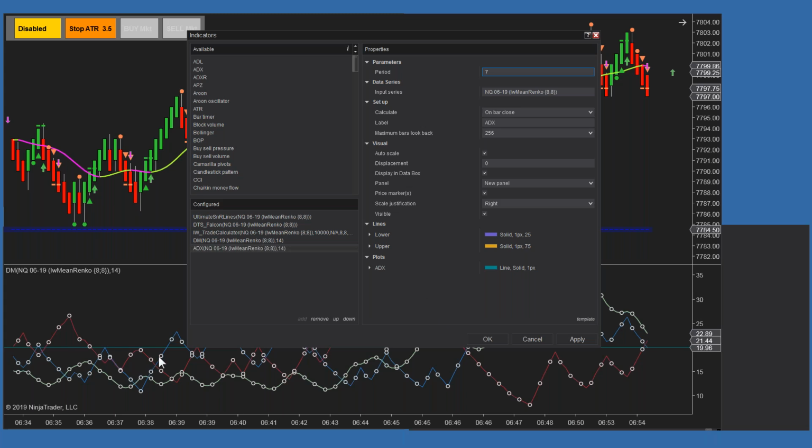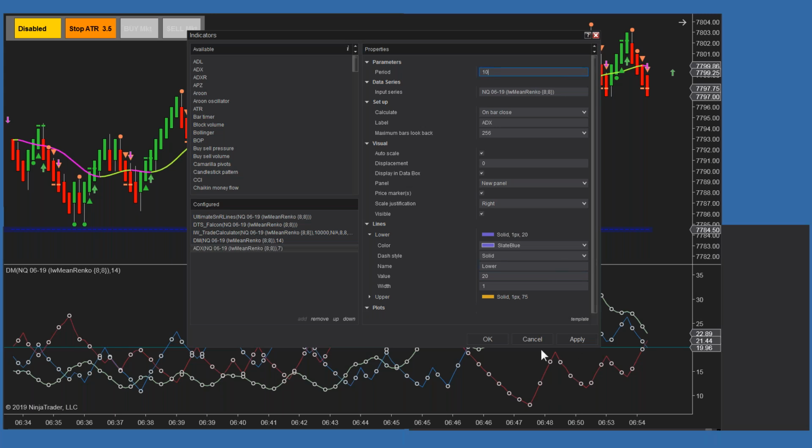So we've got the DMI calculating on a 14 period. We have the ADX calculating on a period of 7. And what's the point of that? Well, just to maybe make it a little bit more sensitive to trend. If 7 seems too much here, let's go with 10.